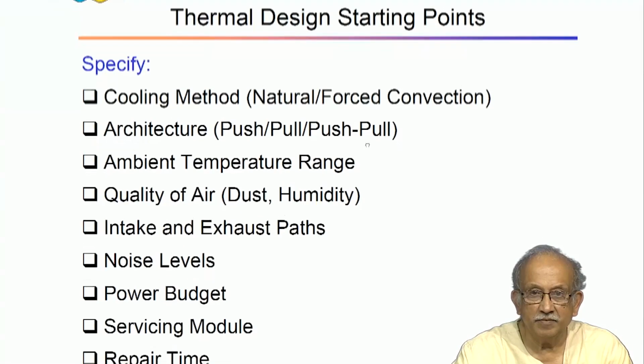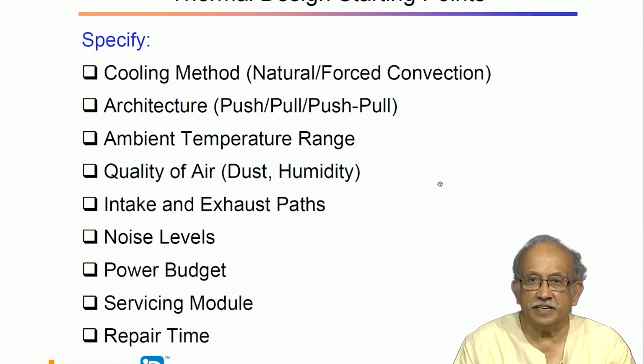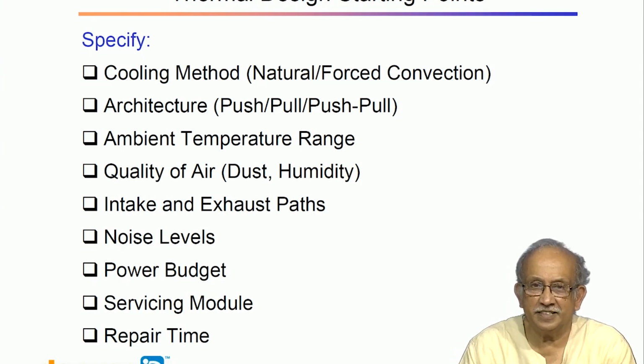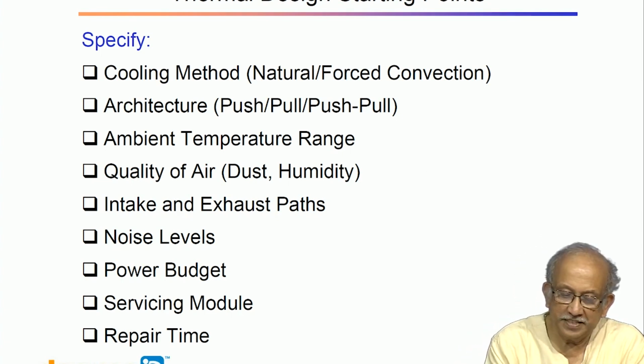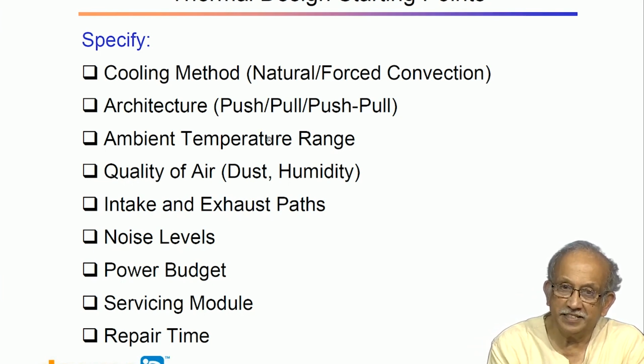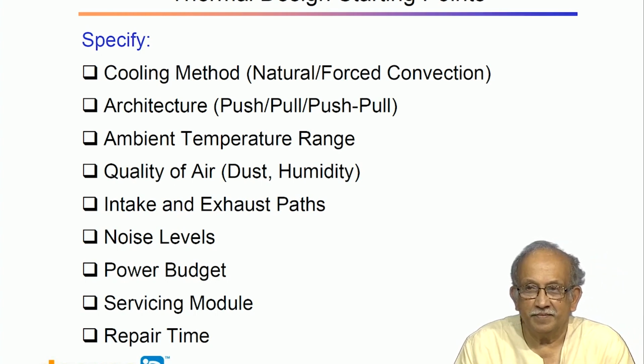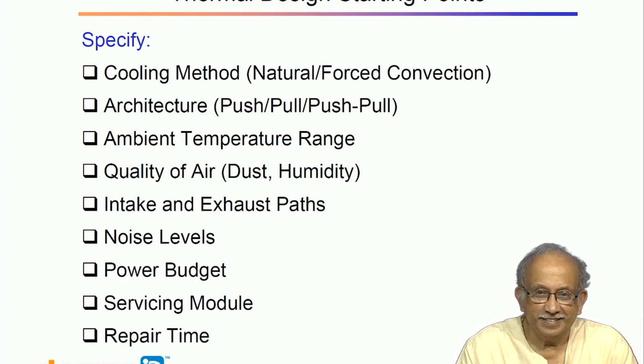So, we have all these things saying what is the natural or forced architecture. I will come back to it, saying intake and exhaust path, ambient temperature range. We have this, I mean at least I had, because I come from a beautifully almost air conditioned environment.